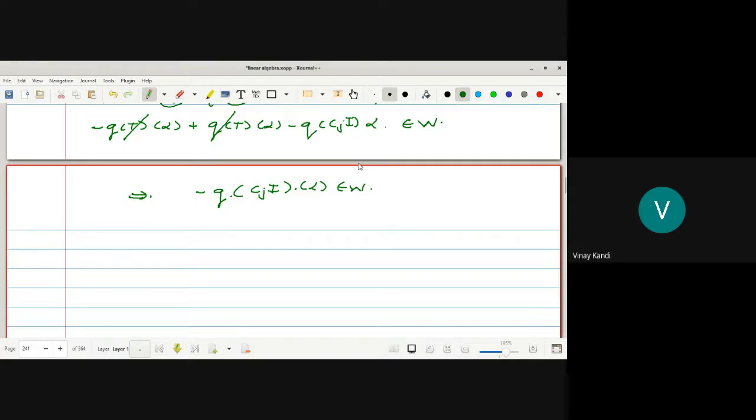This implies minus Q of Cj, and I of alpha is alpha, again belongs to W.